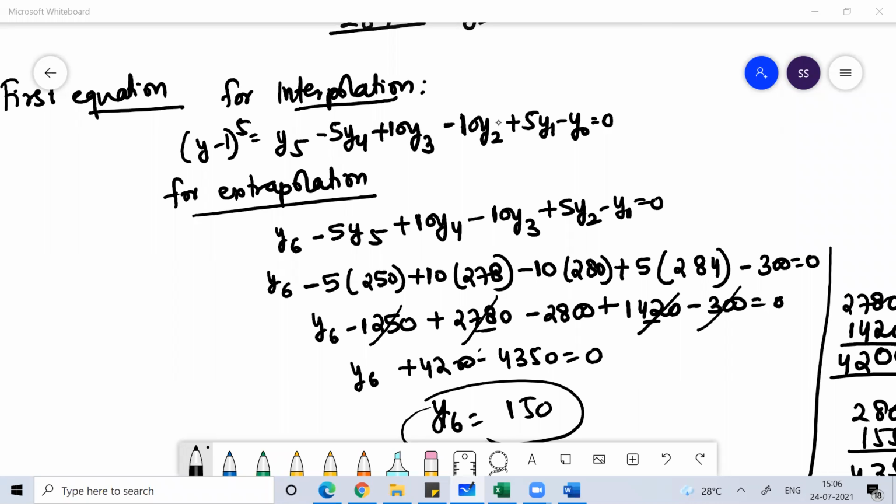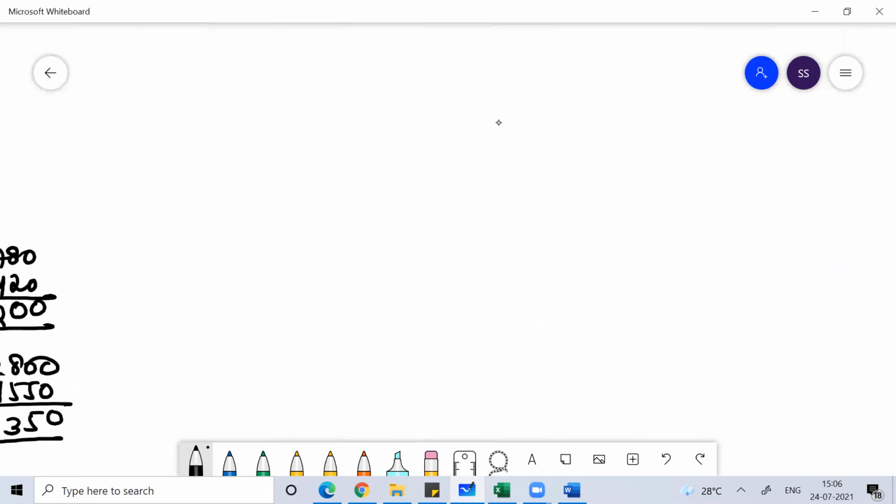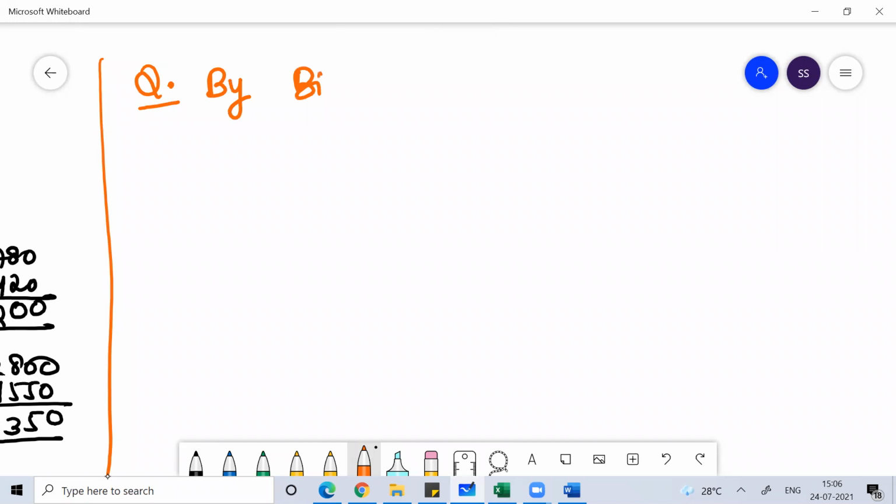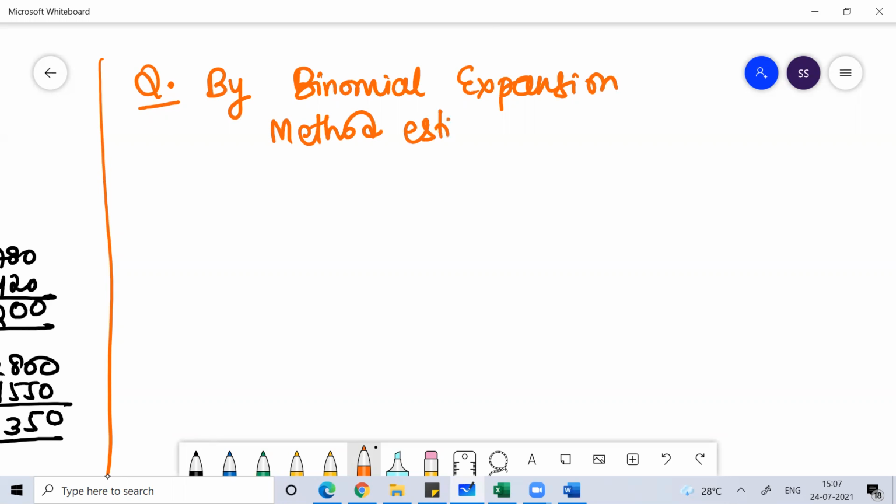Now do this question by yourself, by the binomial expansion method.